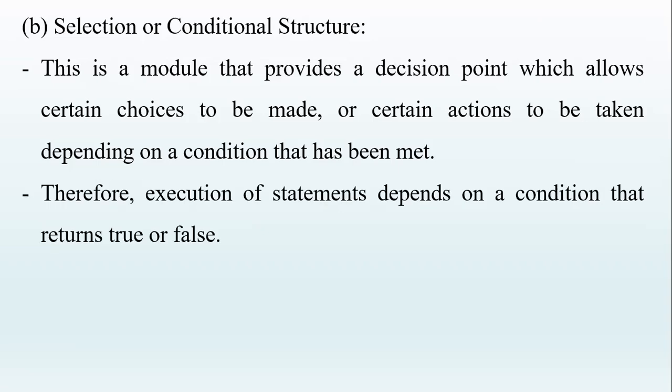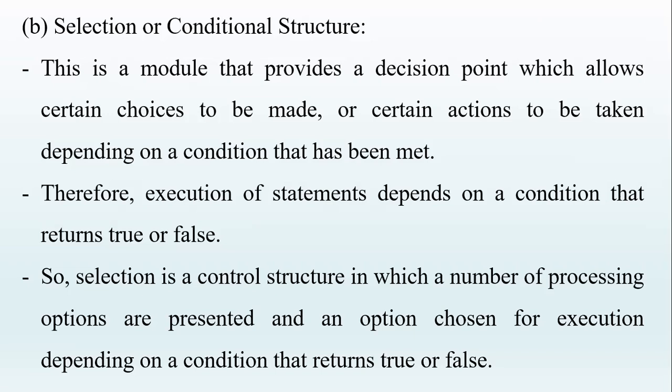Therefore, execution of statements depends on a condition that returns true or false. So, selection is a control structure in which a number of processing options are presented and an option chosen for execution depending on a condition that returns true or false.